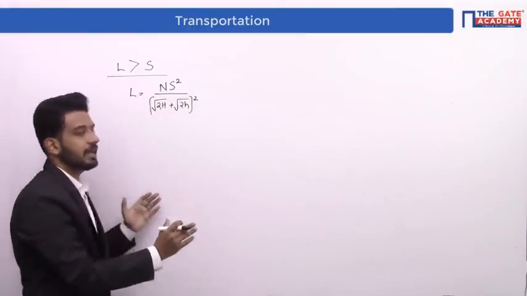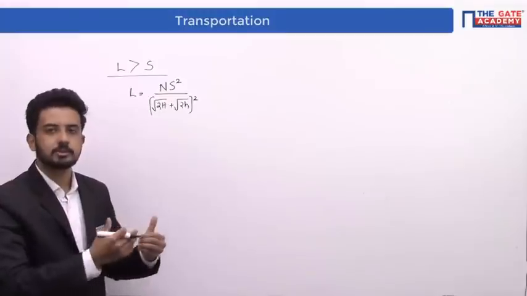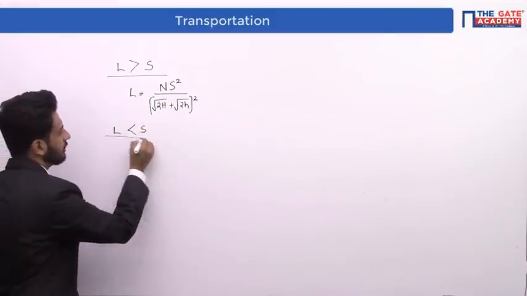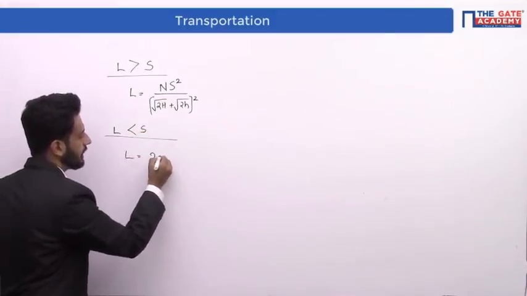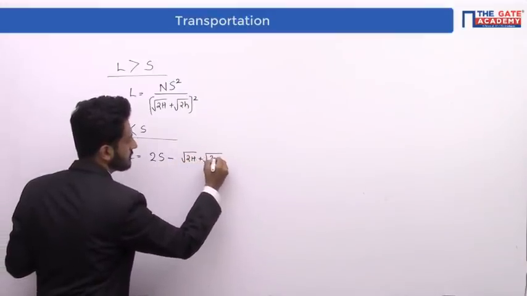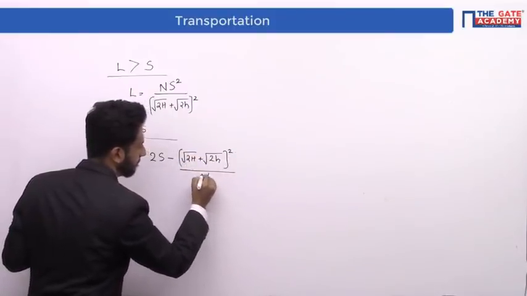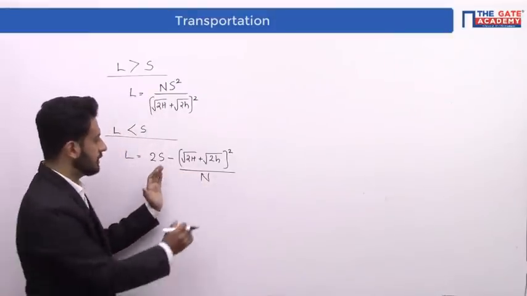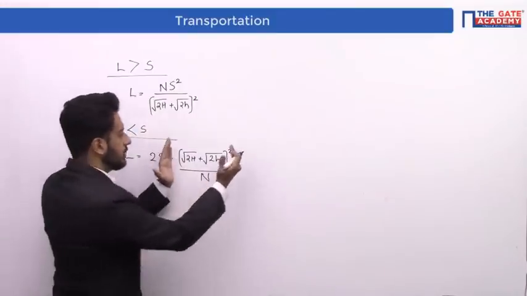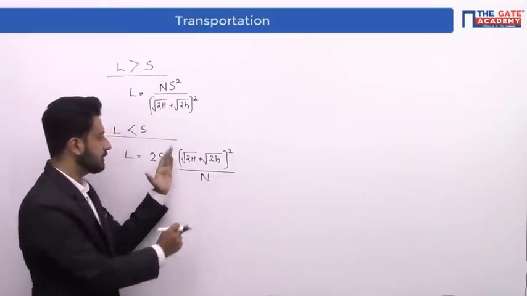So this is the equation if the length of summit curve is greater than safe stopping sight distance. And if L is less than S, what is the equation? 2S minus root 2h plus root 2 small h, the whole square, divided by N. Okay? Always remember this divided by N is for only this part. 2S is different, this whole section is different. It is not whole divided by N, it is just for this part.